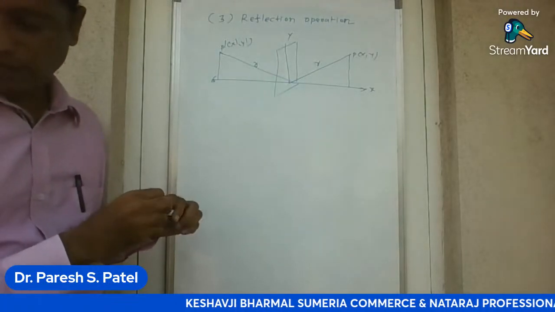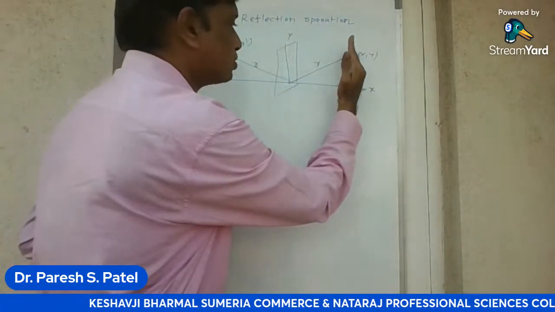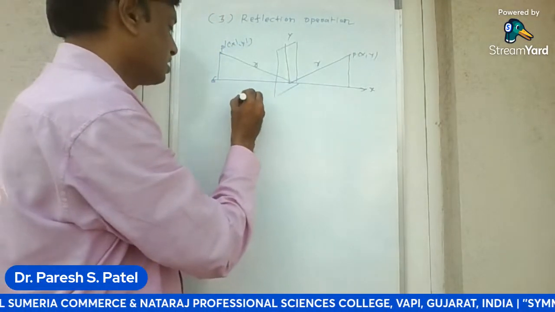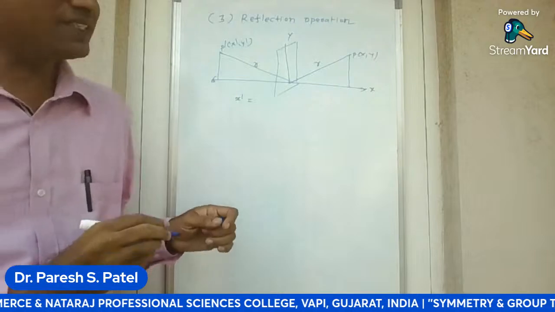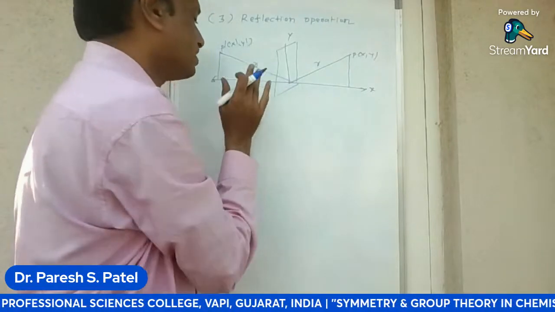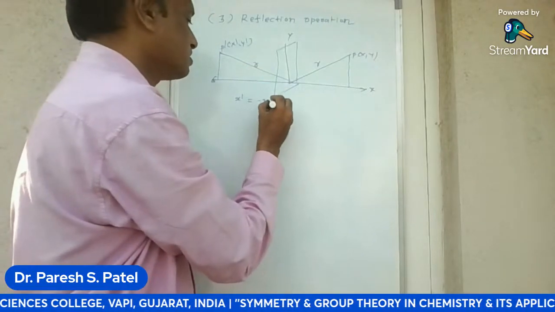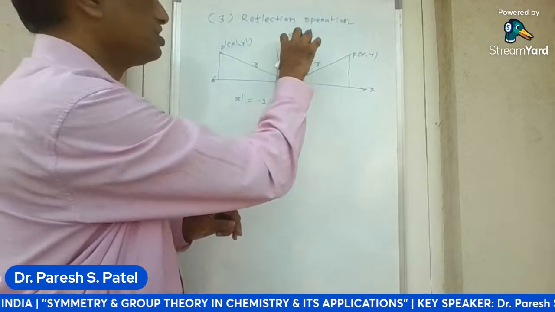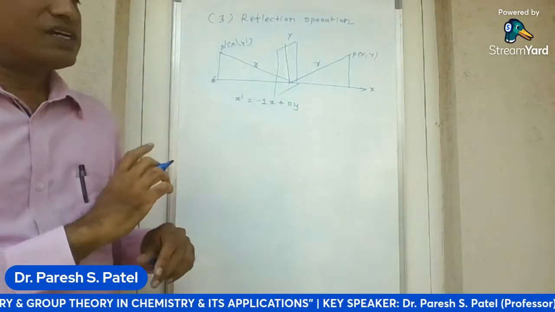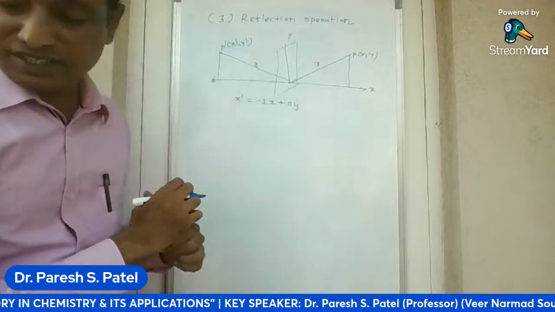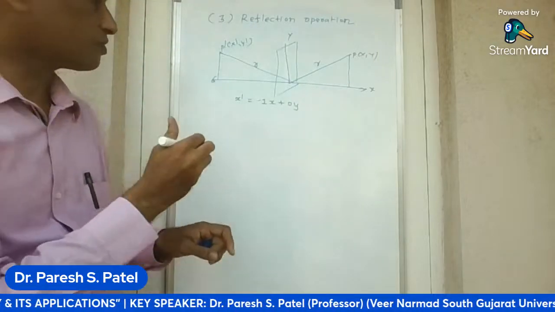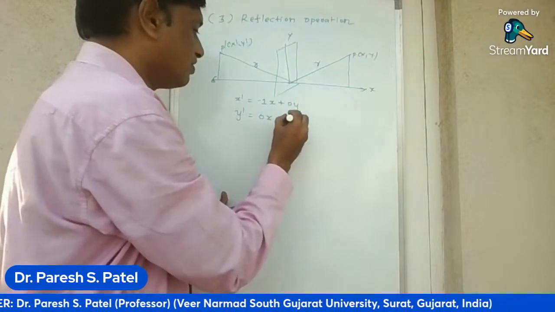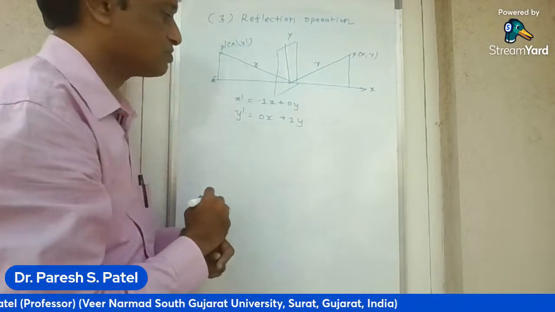So if we reflect the vector p through the yz plane, the new coordinate along the x-axis, x becomes minus x, which can be represented as minus 1 and 0. There is no change along the y-axis; the distance remains the same. It means 0 and plus 1.